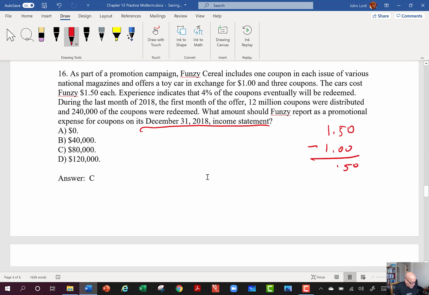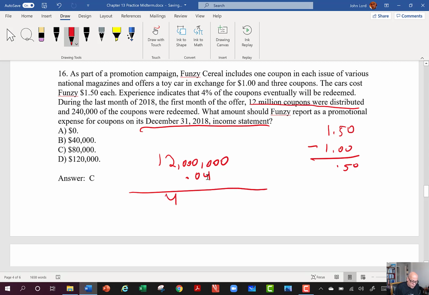It's 12 million coupons that have been distributed. But to get the car, they have to give us what? Of the 12 million, they say only 4% have been redeemed.